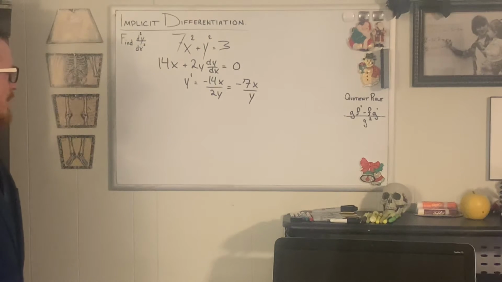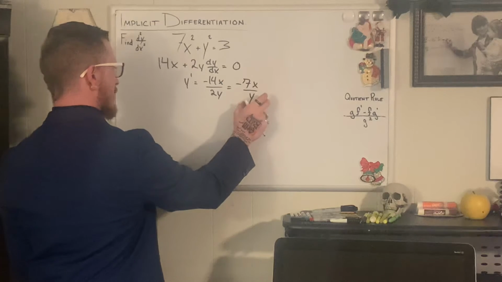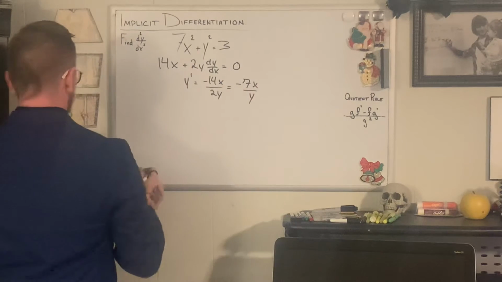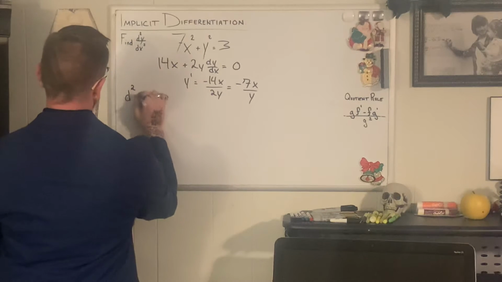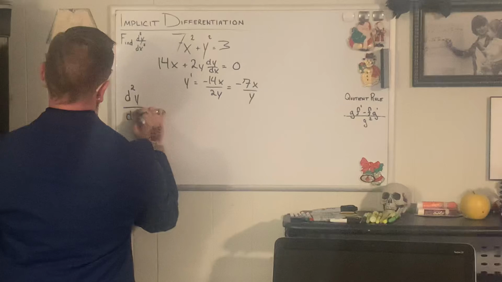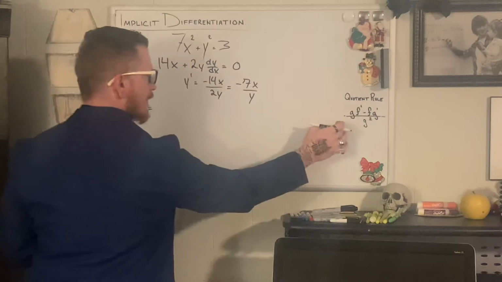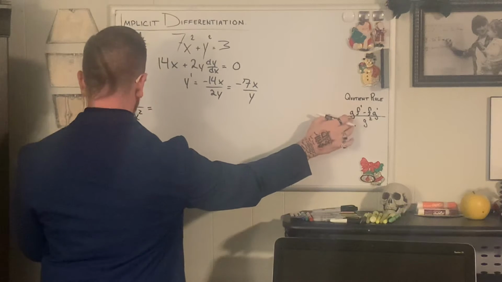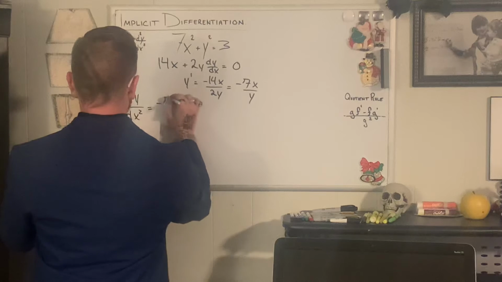Next, we need to find the second derivative of y with respect to x. And to do that, we need to use our old friend, the quotient rule, on this expression, minus 7x over y. So, let's say the second derivative of y with respect to x is going to be, well, we have g of x times f prime of x, so that's going to be minus 7y.